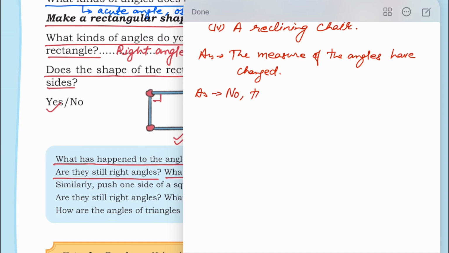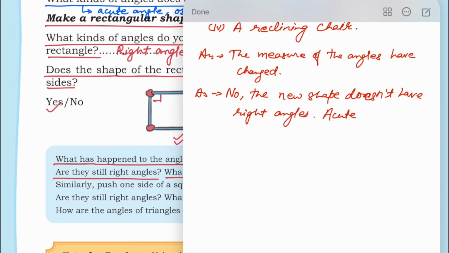No. The new shape doesn't have right angles. Acute and obtuse angles have been formed.